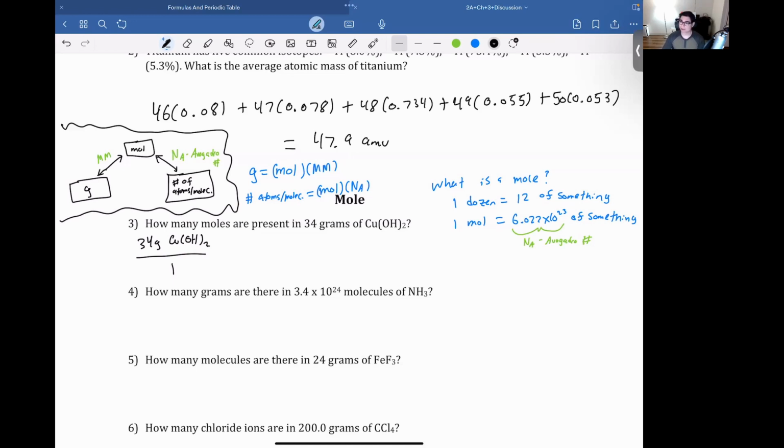Something that you kind of just take for granted, you just put everything on top, but do keep in mind where your units are going to end up at the end when you're converting. So if you're going from grams to moles, grams will be on the top of the fraction. Same as if you're going the other way around, right? You don't want 1 over grams, or you'll end up with 1 over moles.